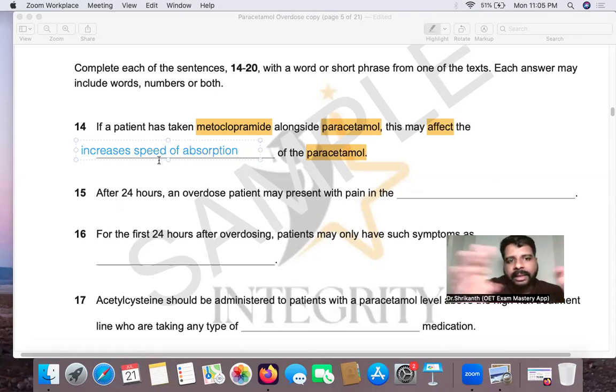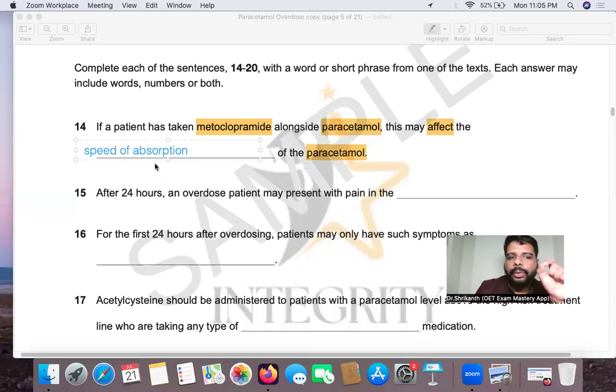Now read the entire sentence together. If a patient has taken metoclopramide alongside paracetamol, this may affect the increases speed of absorption of the paracetamol. Do you think, because of this word over here, it is a grammatically accurate sentence? If we remove this word and read, if a patient has taken metoclopramide alongside paracetamol, this may affect the speed of absorption of the paracetamol.